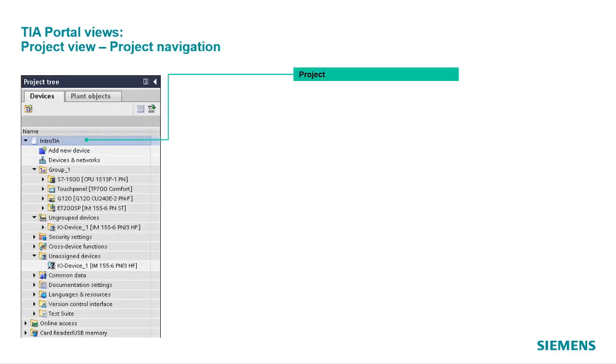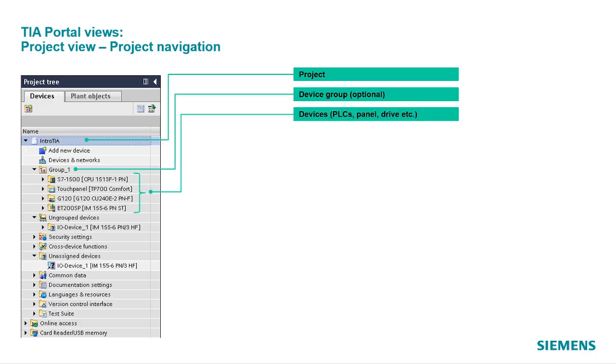As previously mentioned, Project Navigation Tree gives you access to all the components and project data of a project. You can group devices together for better clarity. Each device has its own folder with its configured name, which you can change at any time.